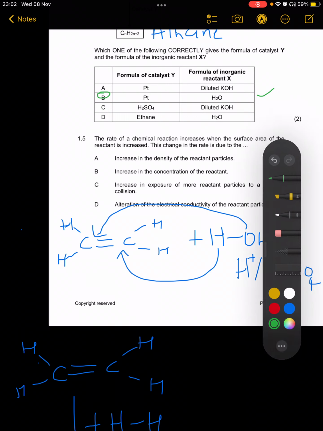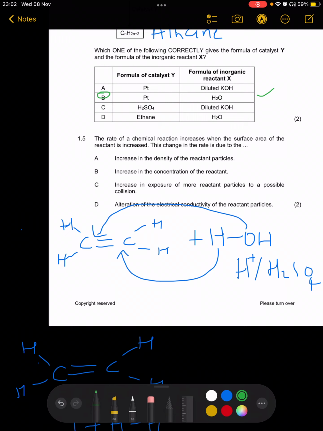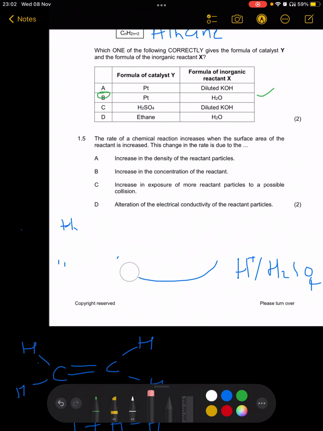let's look at 1.5 real quick. Now, the rate of a chemical reaction increases when the surface area of a reactant is increased. Well, that's a factual statement. This change in the rate is due to: option 1, increase in the density of the reactant particles.